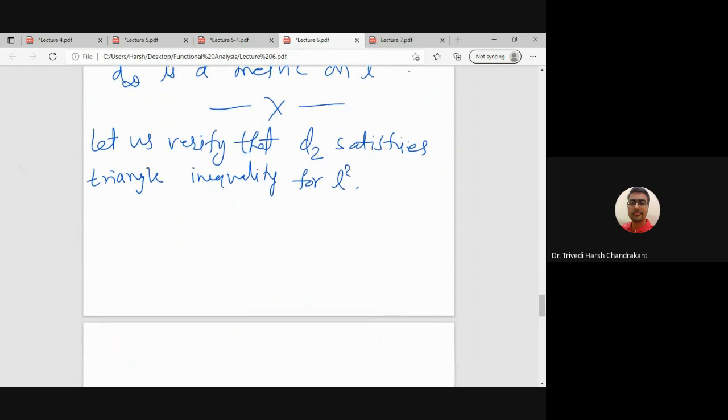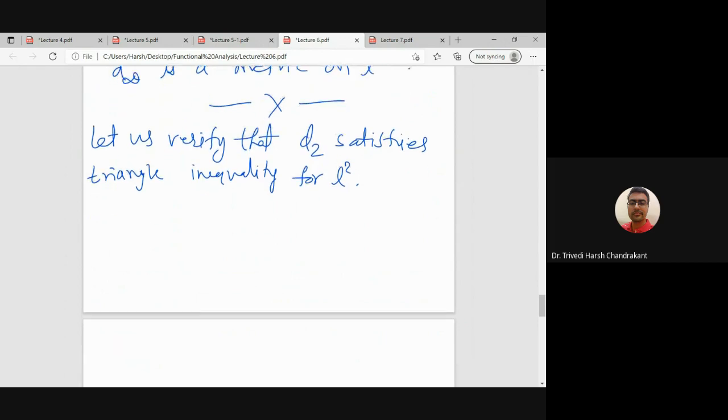The other properties d2 satisfies very trivially, so that is also easy to verify, symmetry and all that. Only this property we need to check.